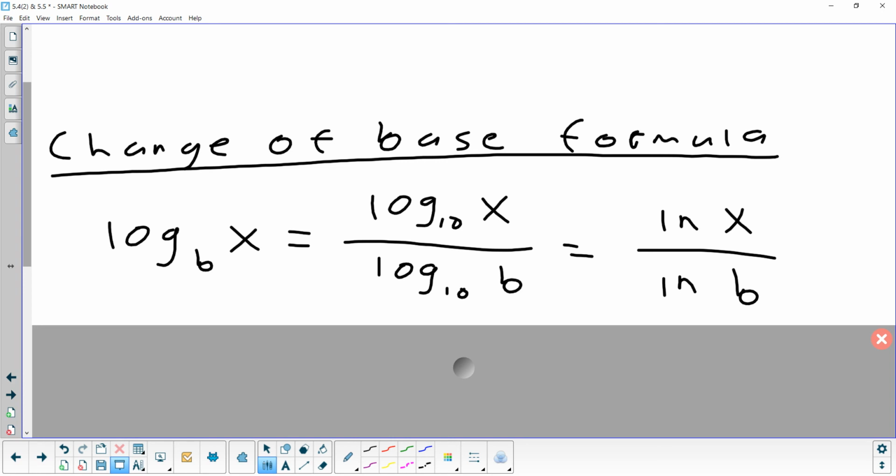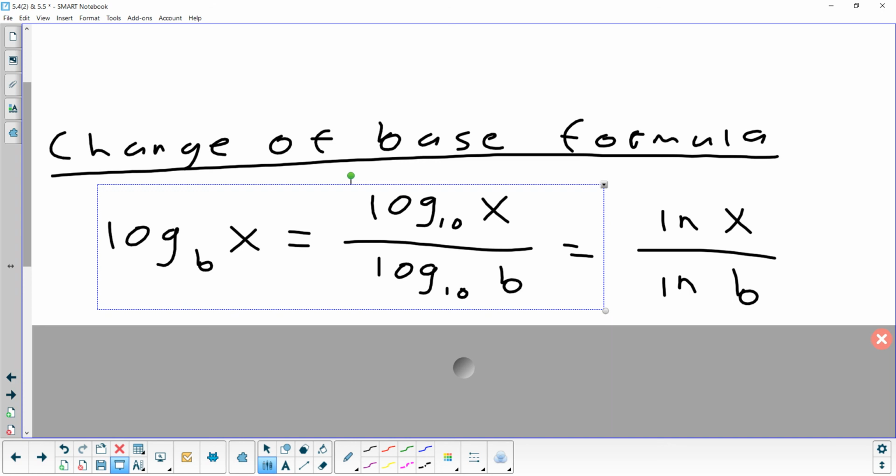You can take the log base 10 of the argument and divide by log base 10 of the base. Or you could take the ln of the argument and divide by the ln of the base. You're going to get the same answer no matter which way you do it.